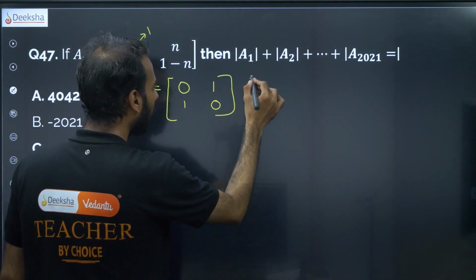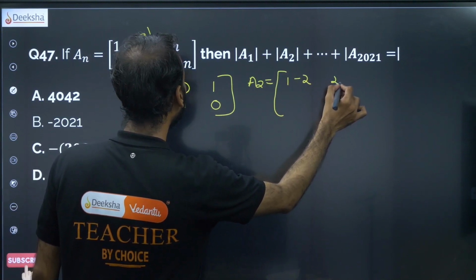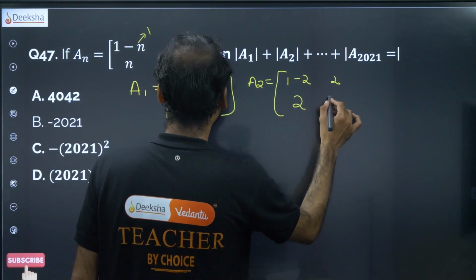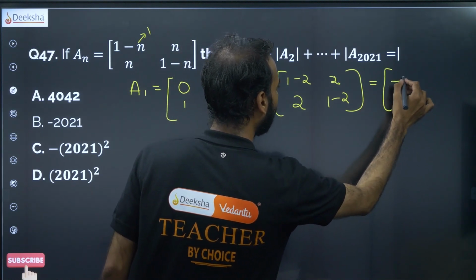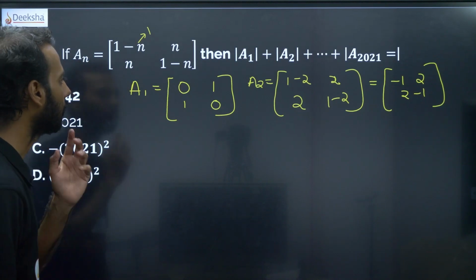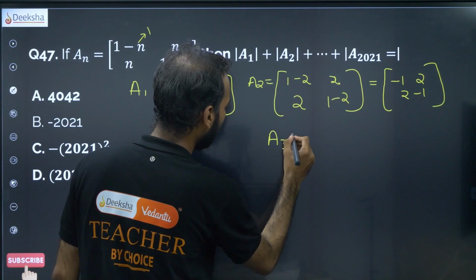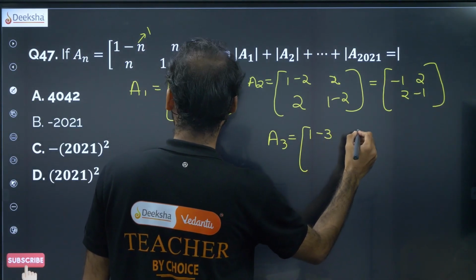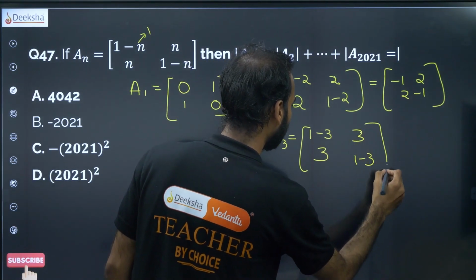In the same way for A2, what I will do: 1 minus 2, n is 2, and again one more n is 2, again 1 minus 2. So A2 is negative 1, 2, 2, negative 1. Same way A3 is 1 minus 3, 3, 3, 1 minus 3.